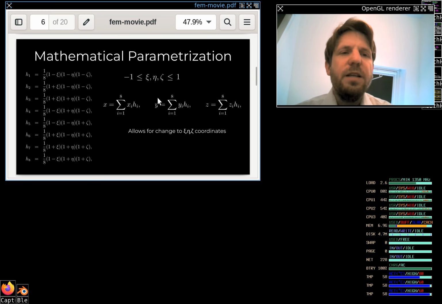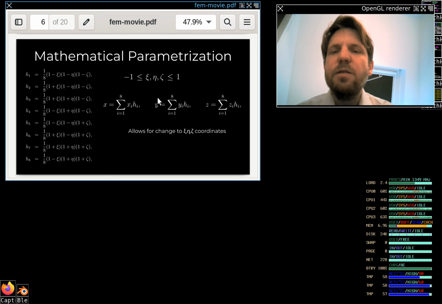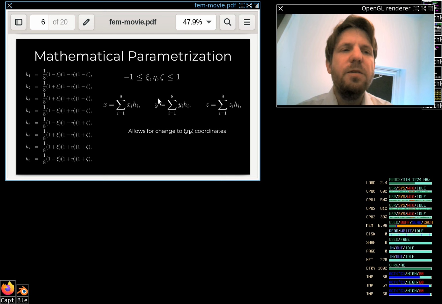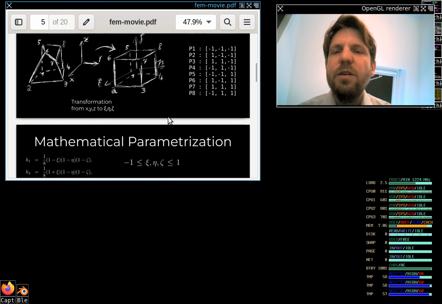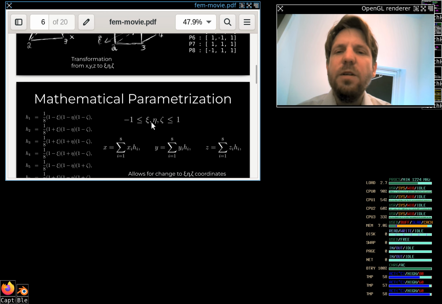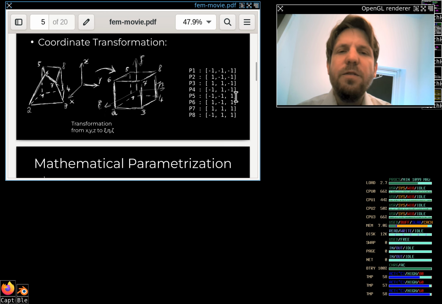And this works like any other coordinate transformation. So it's just as if you transform from, let's say, Euclidean coordinates to polar coordinates or something like this. Yeah. So just that you have here the shape functions, which basically take your hexahedron and transform it into a cube in this new space with these coordinates in xi eta zeta space.